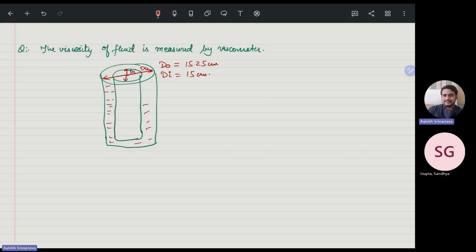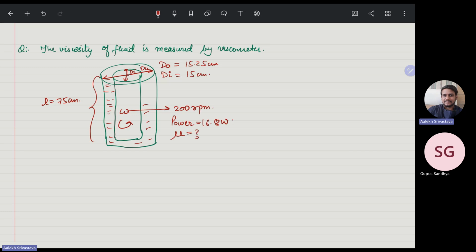The length is 75 centimeter, and it says that the inner cylinder is rotated at omega, that is 200 rpm, and it is consuming power of 16.8 watts. So you need to find what is the viscosity.